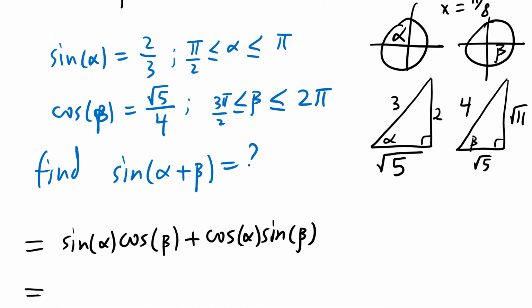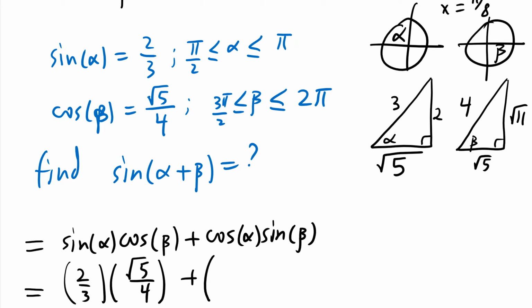So then from the right triangles we can get sine alpha is given 2/3. Cosine beta is given square root of 5 over 4. Cosine alpha, cosine is the adjacent over the hypotenuse, and it's in the second quadrant, so it should be negative. Cosine is negative there.